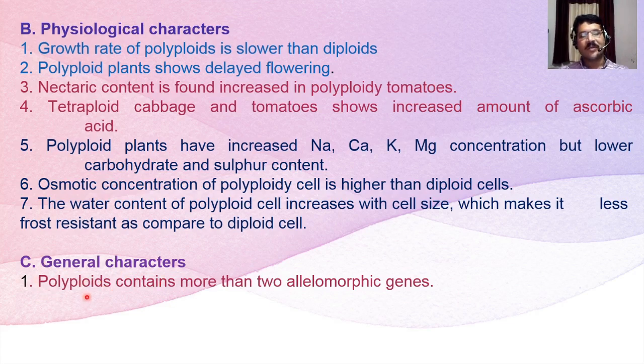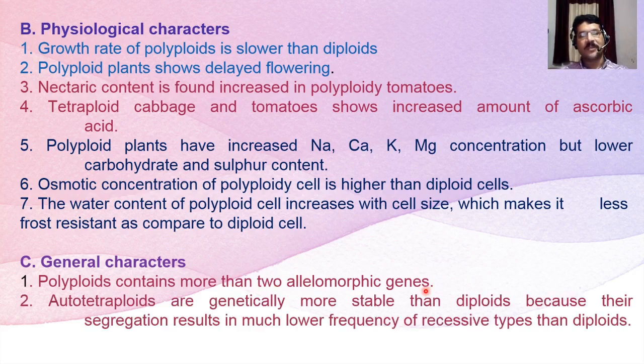If chromosomes are increased, the genes on those chromosomes also increase, and so these cells contain more than 2 allelomorphic genes. You know very well that normally genes contain only 2 alleles, but here you can see genes with more than 2 allelomorphic forms or allelomorphs.